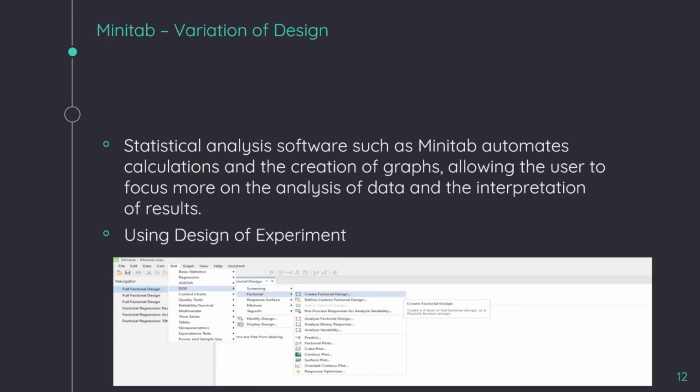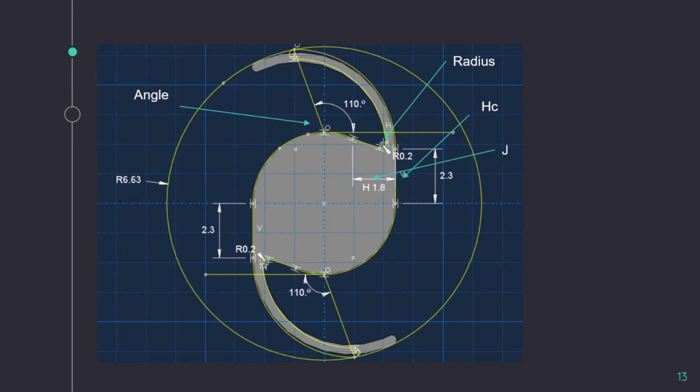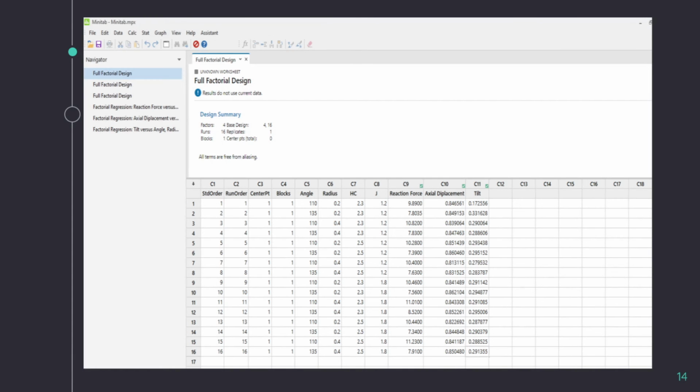Our final project is improvised by adding one new parameter aside from the standard reference paper to have more precise data. Basically, we have angle, HC, and J as the main parameters of the haptic, with a radius as a secondary parameter that we have added. After all of the simulations have been completed, the recorded data will be organized and some of the data will be entered into Minitab to get automated graphs and calculation results. This is the graph result from Minitab.